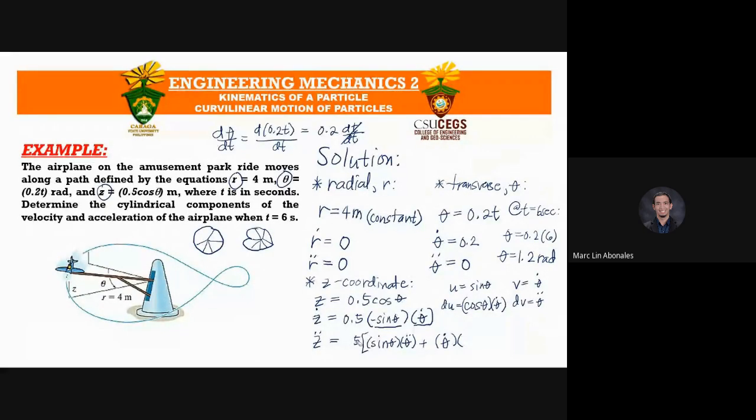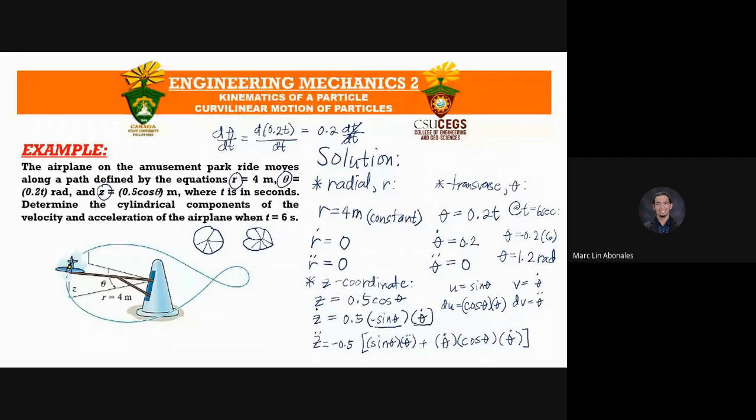So, negative cosine. Gawas na tong negative. So, negative 0.5. So, gawas ang negative 0.5. So, u dv plus v du. Du is cosine theta, theta dot.